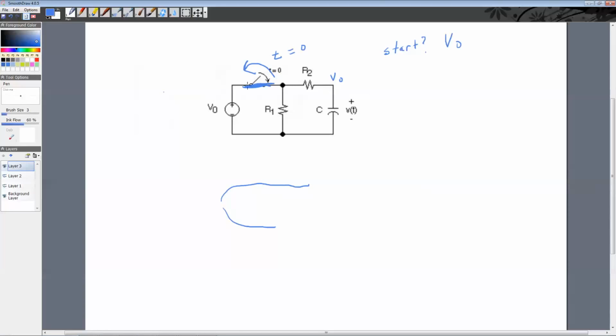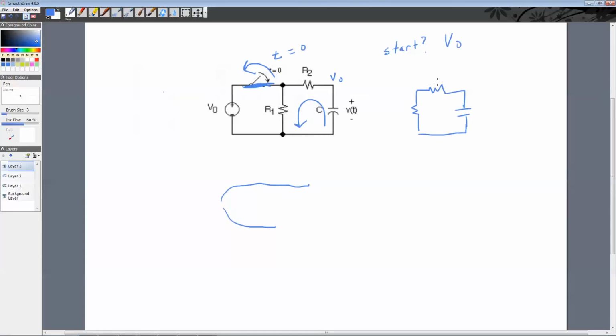Now, when that switch opens, there's no external power supply. And where's that current going to go? It's going to discharge. And here's the trick. It discharges through both. So if I redraw this circuit with the switch open, I have this, right?